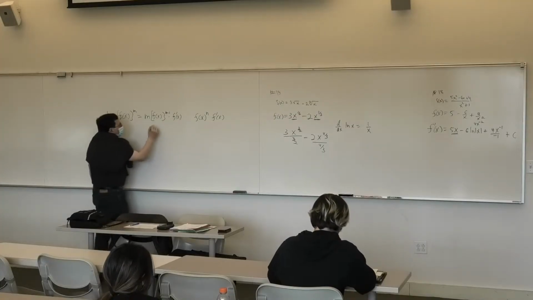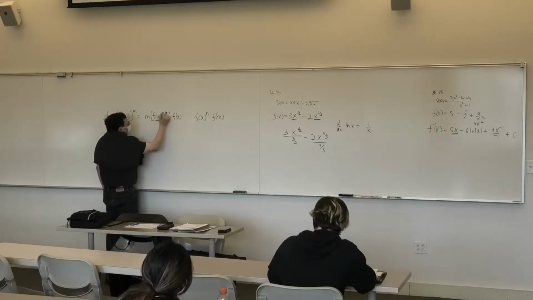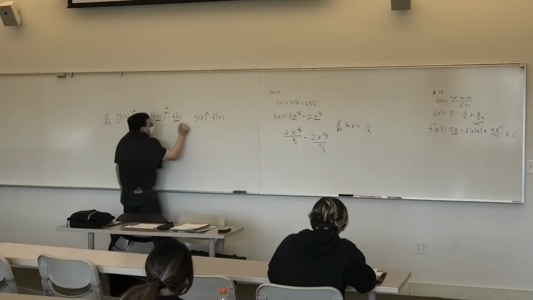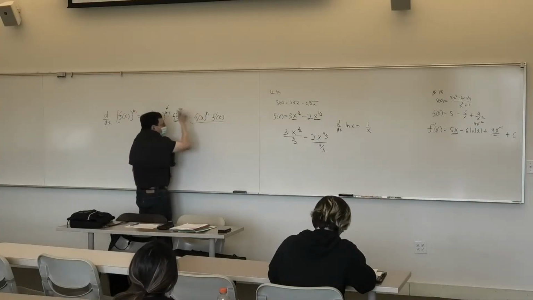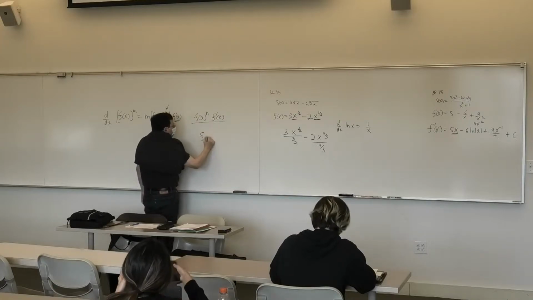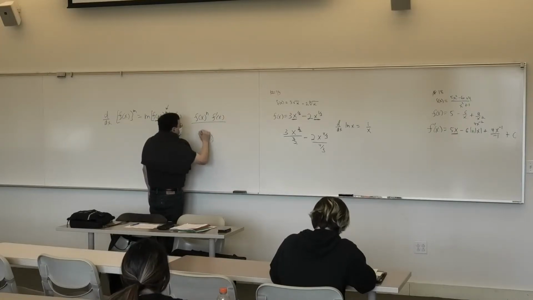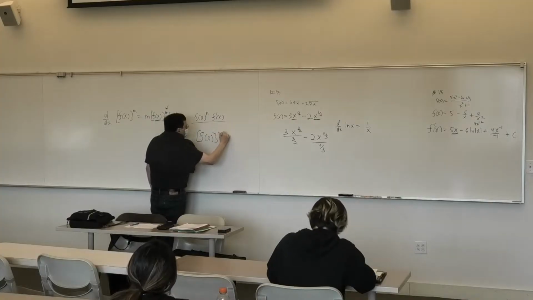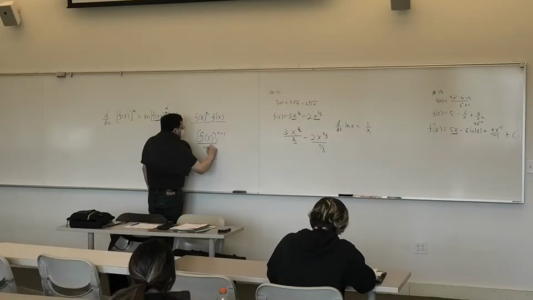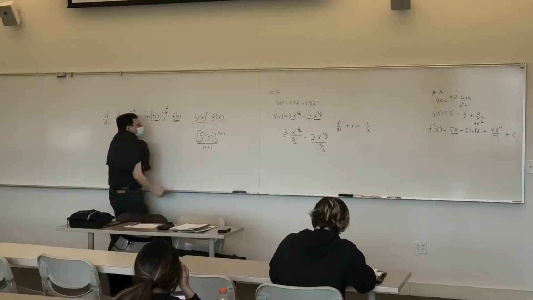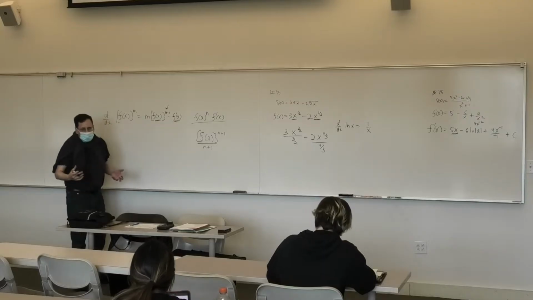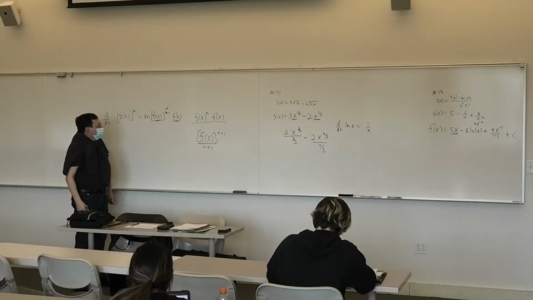So the pattern you want to see here is you've got some function to some power times its derivative. And as soon as you see that, you go, oh, wait a minute. If I had f of x to the n plus 1 over n plus 1, and I find its derivative, it's just going to turn out to be this. So there's that pattern.